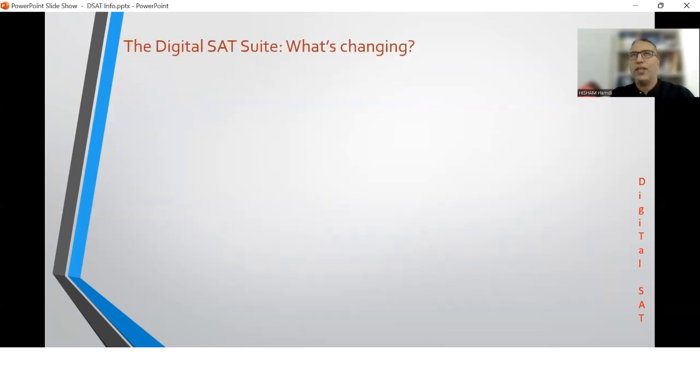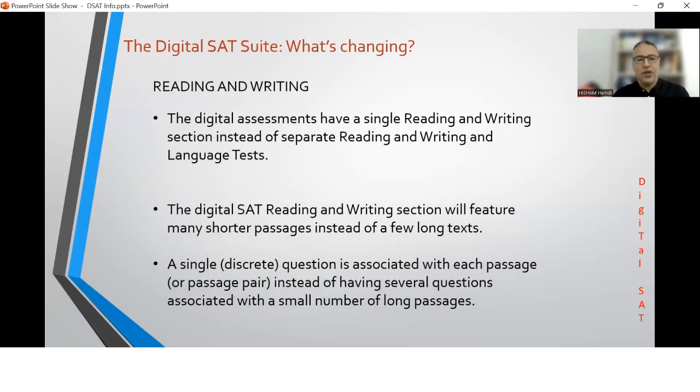What is changing? What is the change in the new digital SAT? In reading and writing, as we can see on the screen, the digital assessment has a single reading and writing section, whereas before it would have more than one section. The digital SAT reading and writing section will feature many shorter passages.